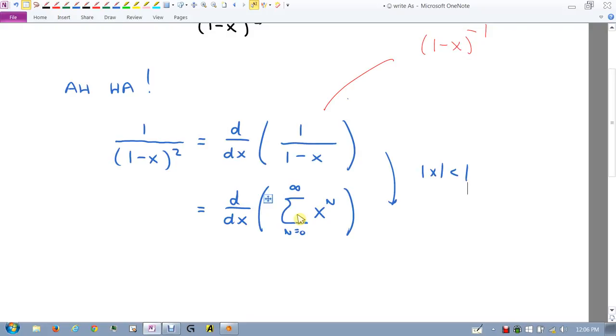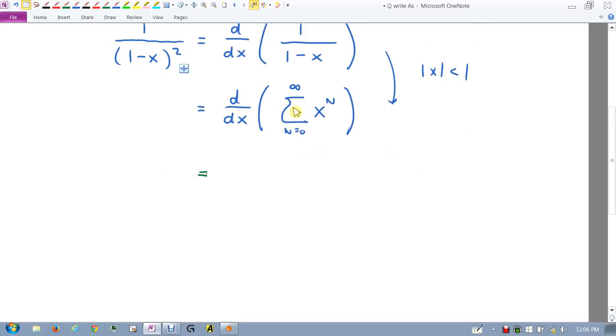And what's the derivative of a power series? We just said that you look at the inside and you use the power rule, right? But because we're doing a derivative, we have to remember to shift the index over 1. So take the derivative, so I'll turn to green because we're taking the derivative. And the derivative notation goes away, and this becomes what? Sum n equals 1 to infinity.